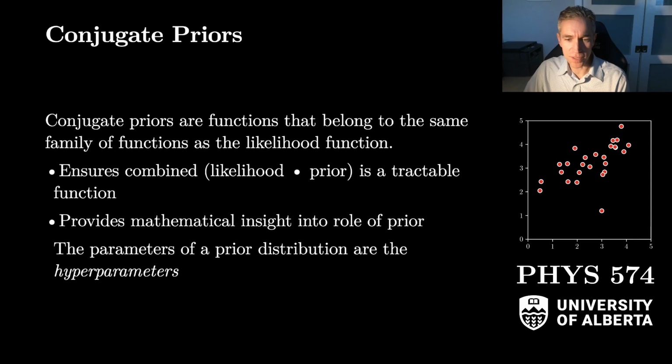A slightly more sophisticated approach is the technique of using what's called a conjugate prior distribution. And the idea here is that in Bayes' theorem, you are multiplying a prior times a likelihood.